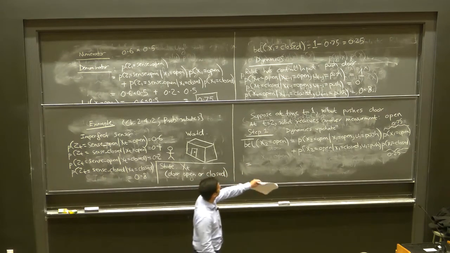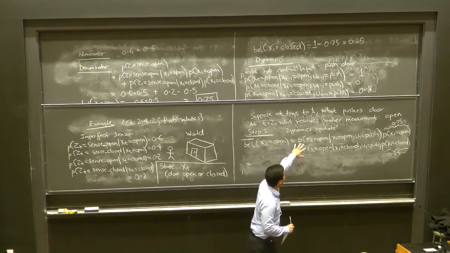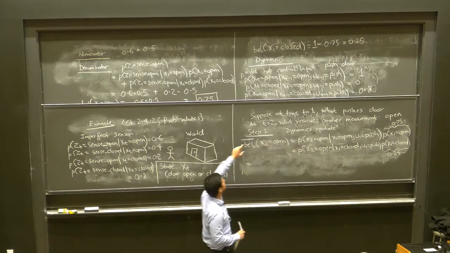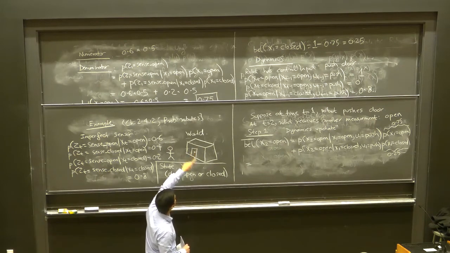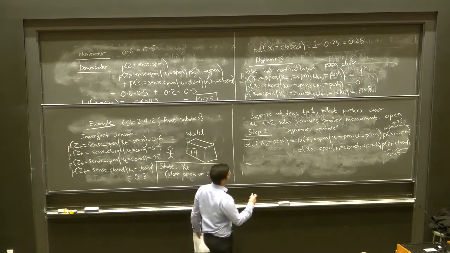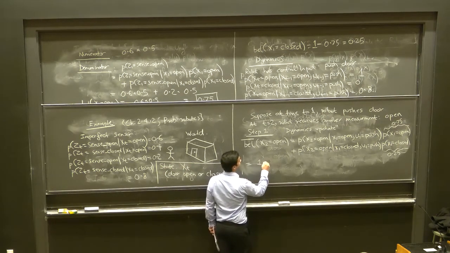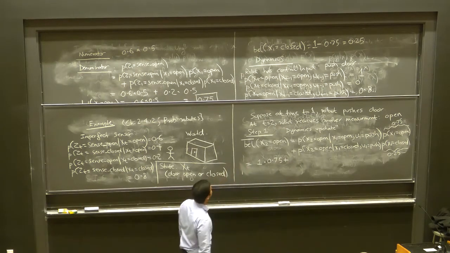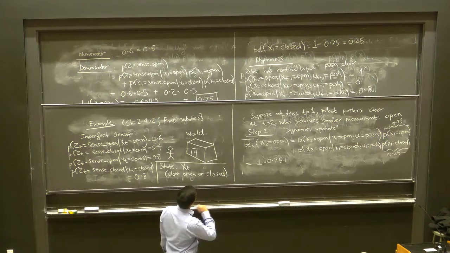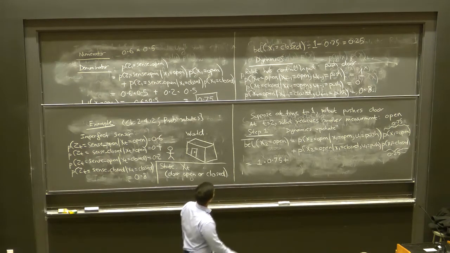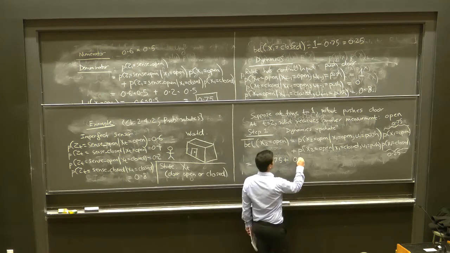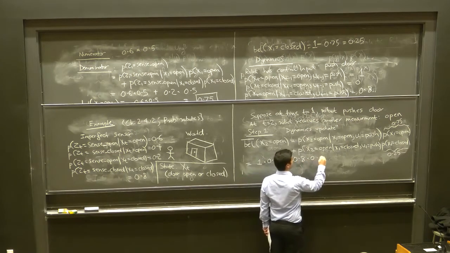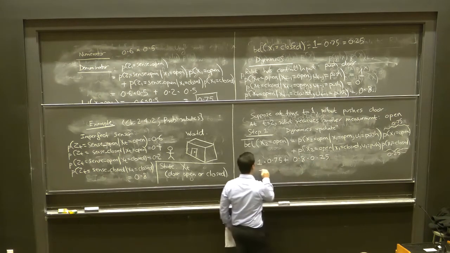We already wrote down a couple of the terms. These two terms are given by our probabilistic dynamics model, which we wrote over there. So P of x2 being open, given that the door was already open and the robot pushes it, is equal to 1 multiplied by 0.75. And then the second term, the probability that the door becomes open, given that it was previously closed, is 0.8 multiplied by 0.25.